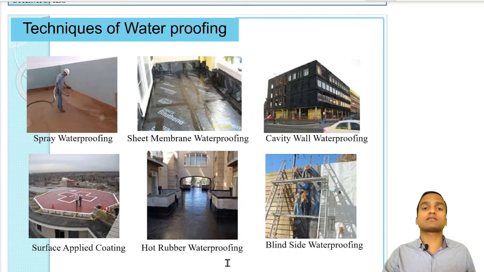In this case the surface is covered with a rubber membrane, and it was done in a hot situation so that the rubber sticks to the surface, creating an impervious barrier. Next is the blind side waterproofing, and we have seen it. Sometimes we cover the walls with black or white waterproof materials.